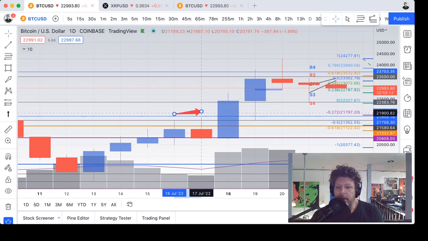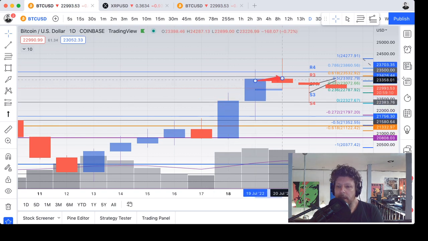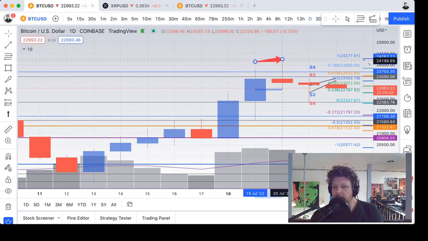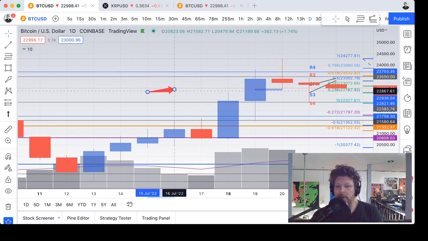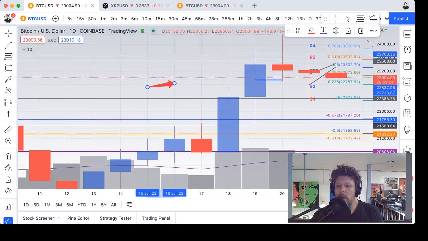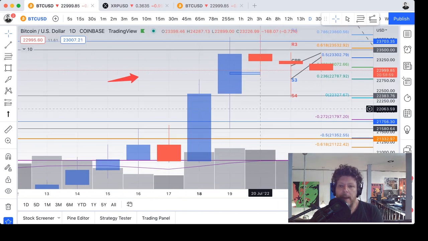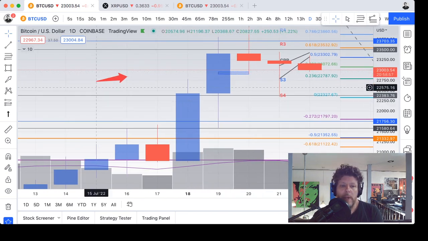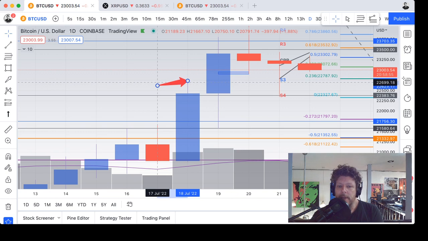So you can see right here, I've got this 3-candle pattern, swing high right here, and what I'm looking for is a point where the wick of the third candle does not quite touch the wick of the first candle.